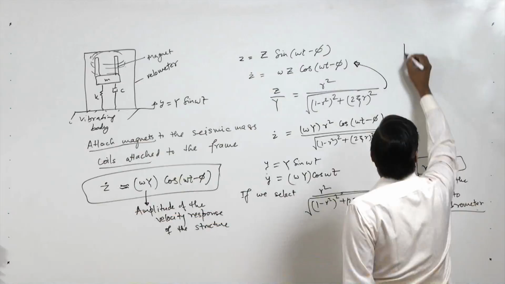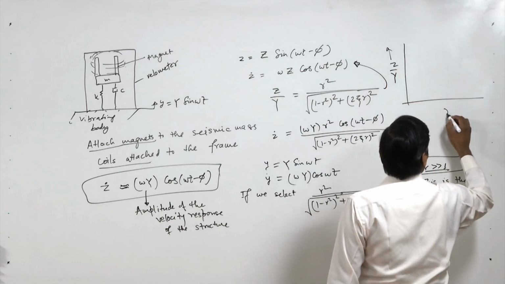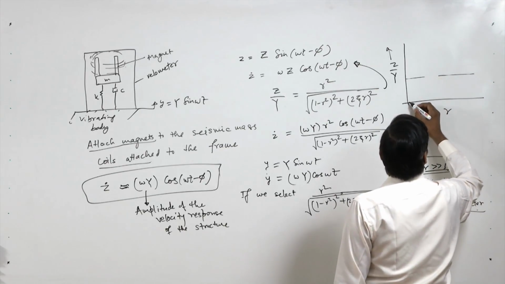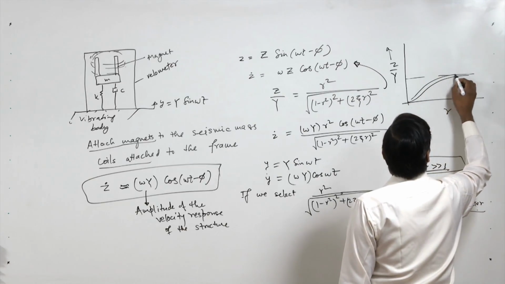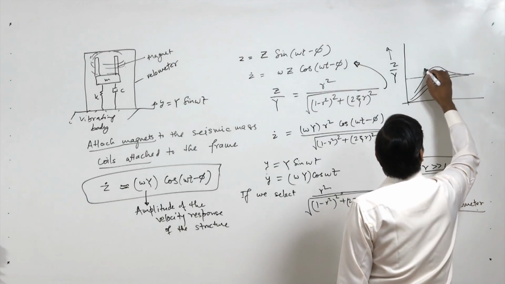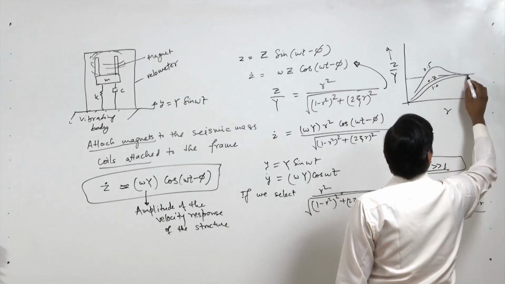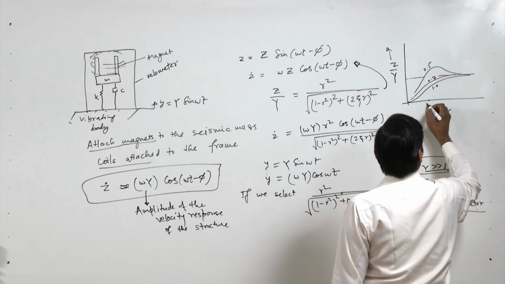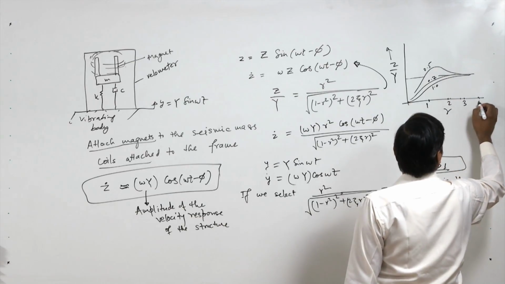As we plotted here, Z by Y versus R, with zeta equal to 0.5, 0.7 and 1.0, and R values like 1, 2, 3, 4.